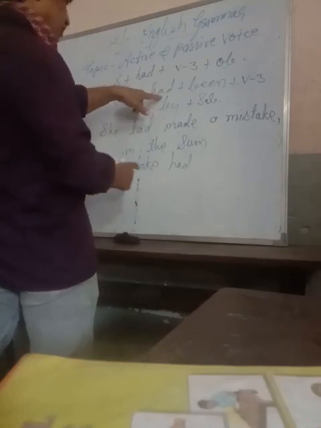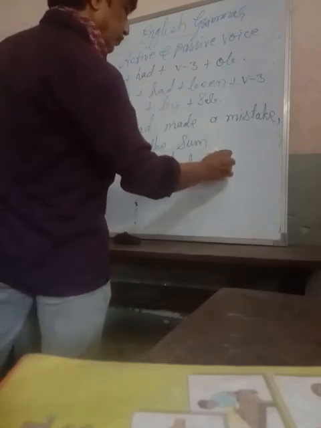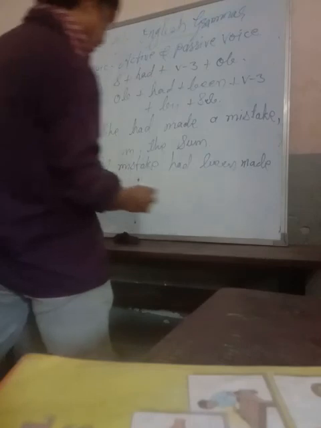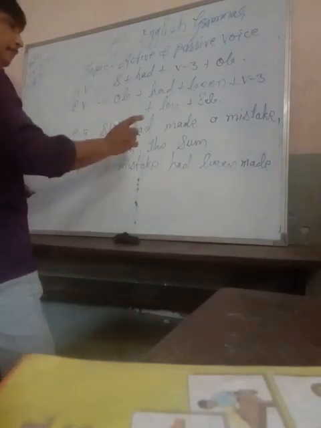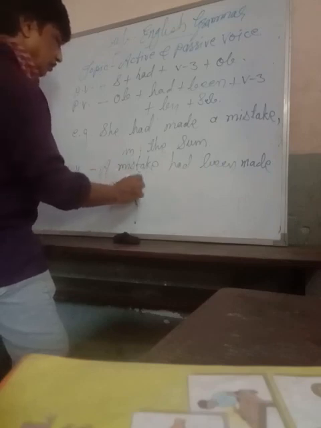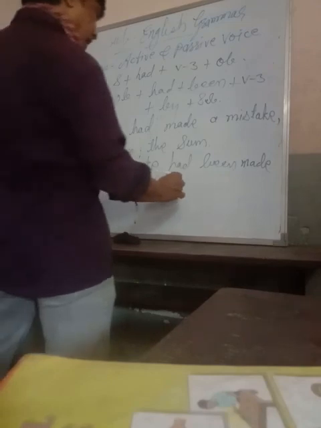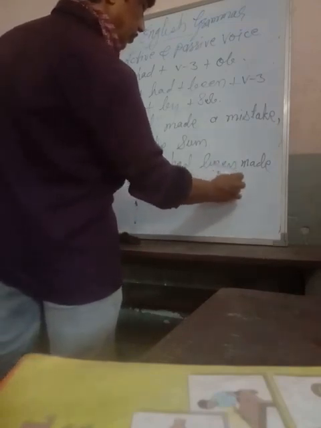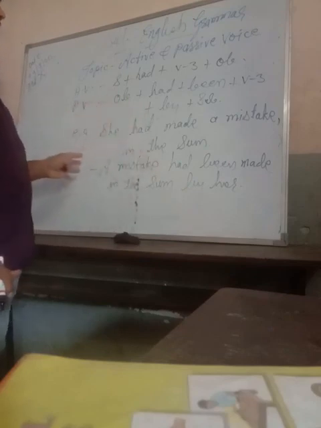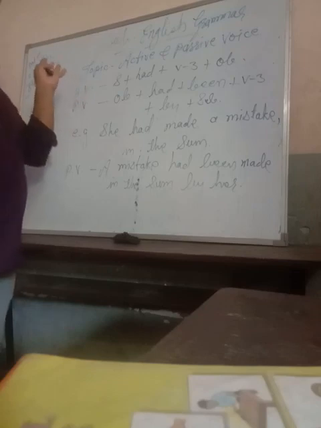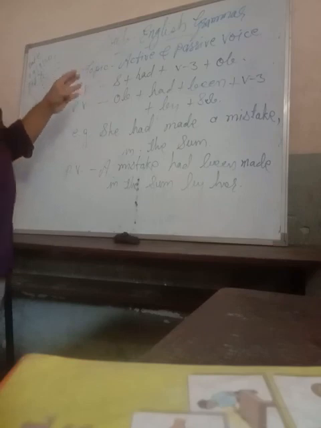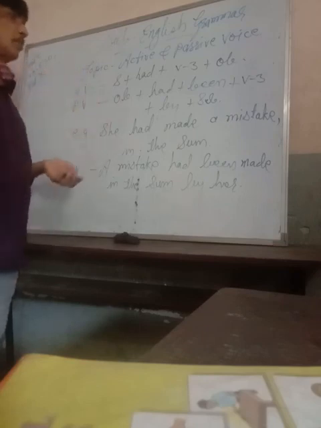Now look, a mistake had been, then V3 made, then as this, a mistake had been made in the sum, extra, by her. Now look, a mistake had been made in the sum by her. So that way the sentence of past perfect tense is converted into passive voice. So it is done with the help of formulas.